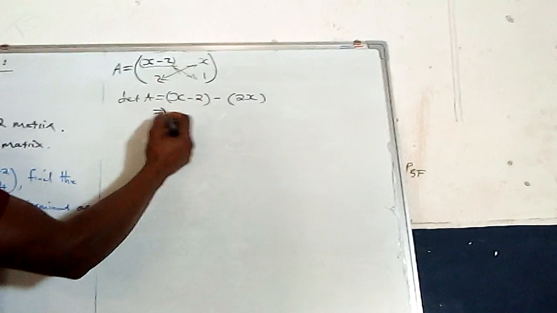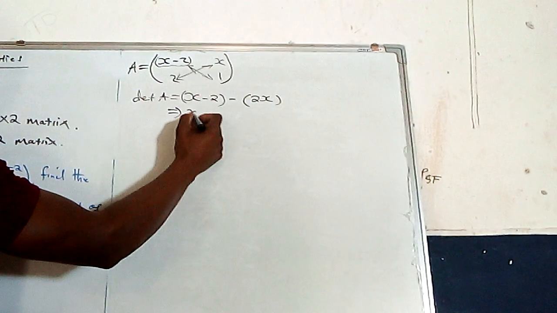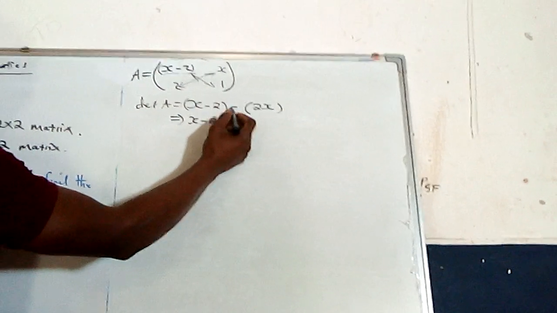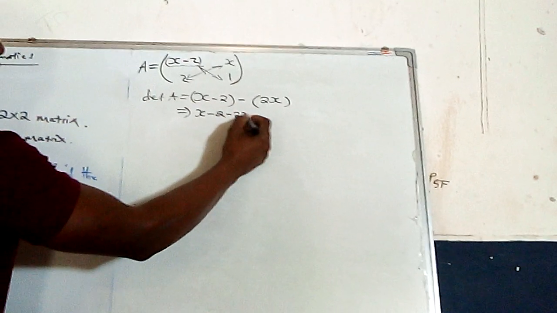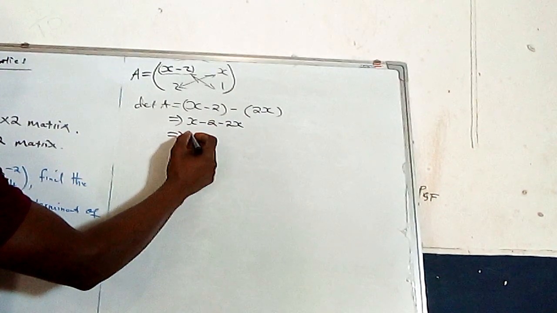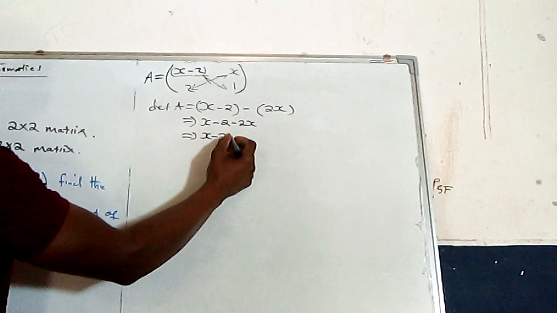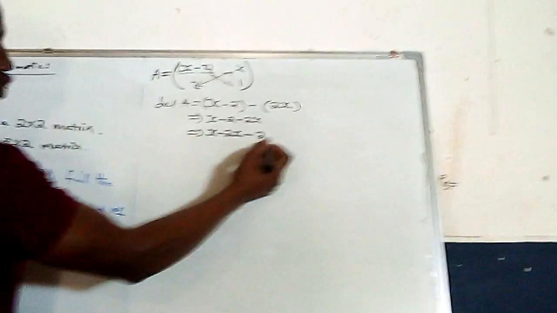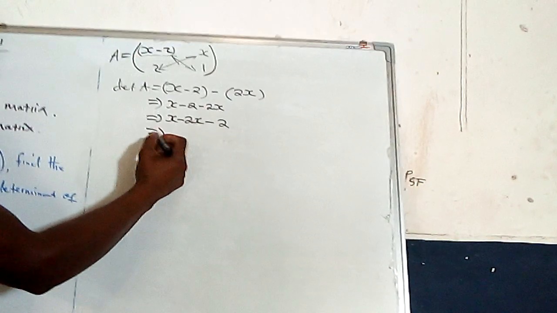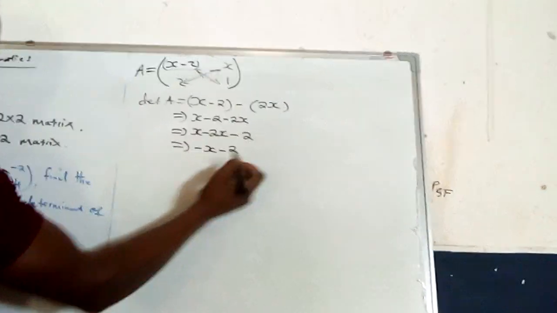We simplify further. We remove the brackets here, or the parentheses. We're going to have x minus 2 minus 2x here. We simplify further. We group like terms. I've got this x here, and the minus 2x, and of course the minus 2 here. We're going to have x minus 2x is minus x, minus 2 here.